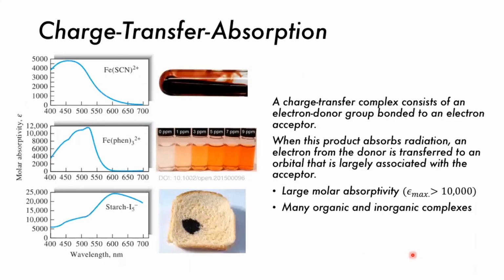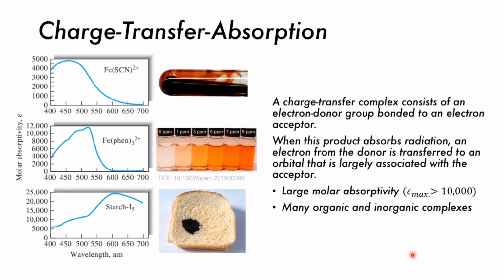Charge transfer absorption spectra are a little bit different. What's going on here is that there is some sort of combination of two species, whether they be molecules, ions, or even atoms, and they're able to coexist and create what's called a charge transfer complex.